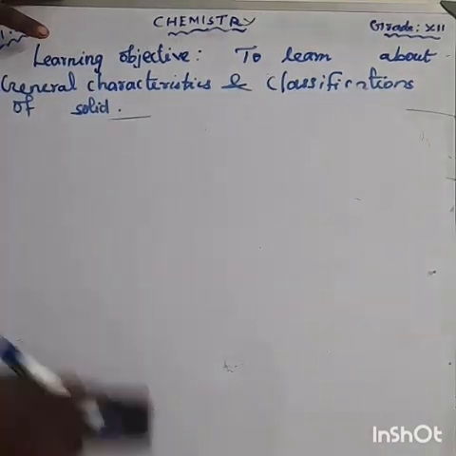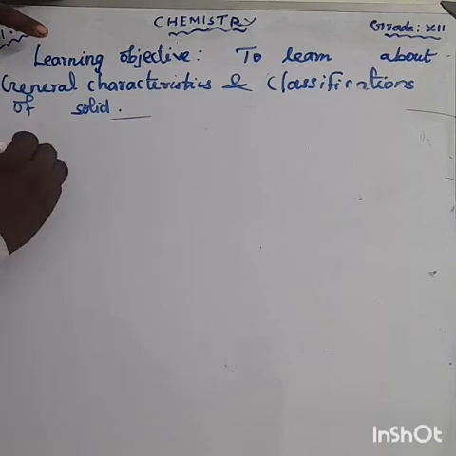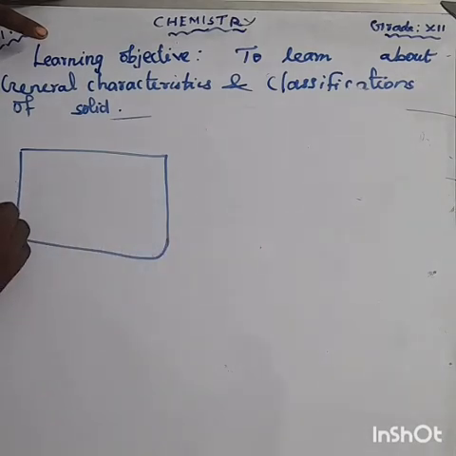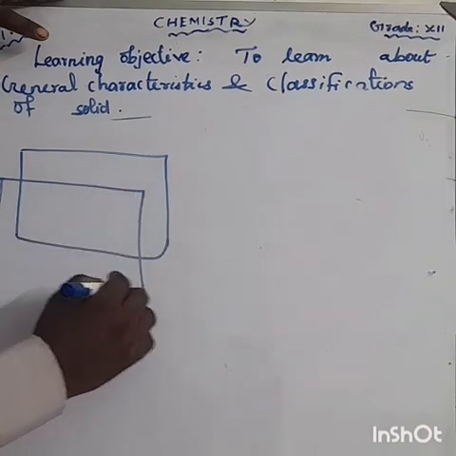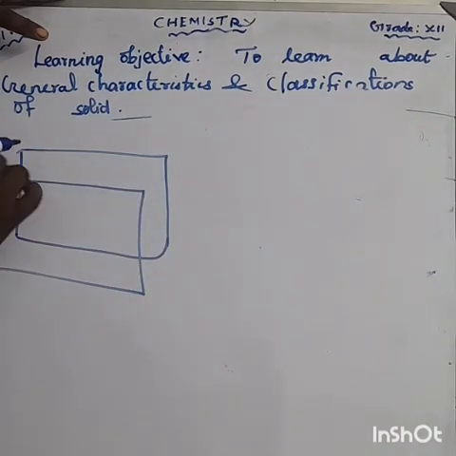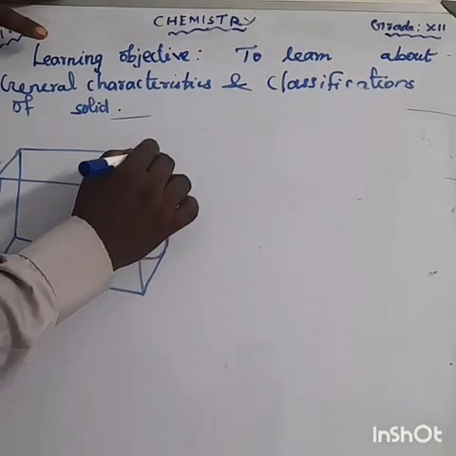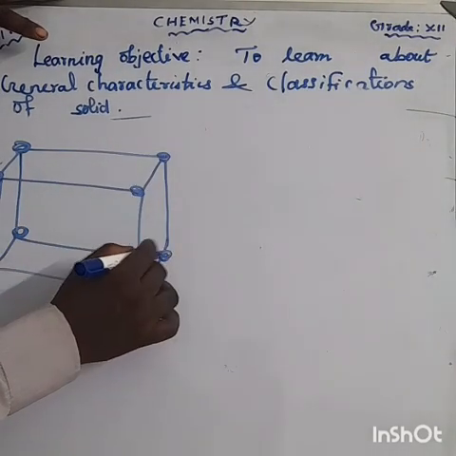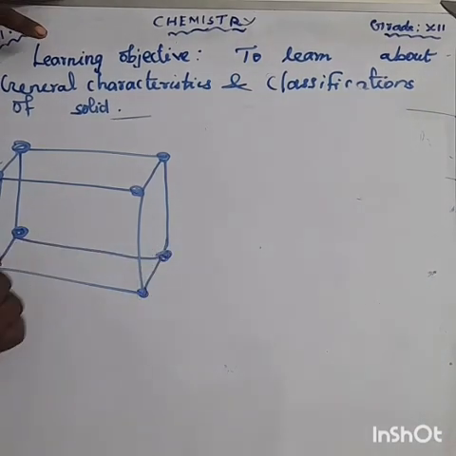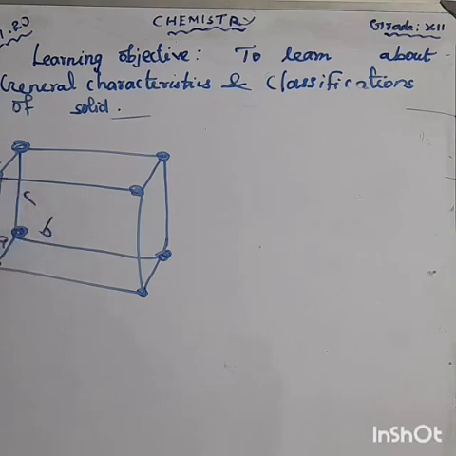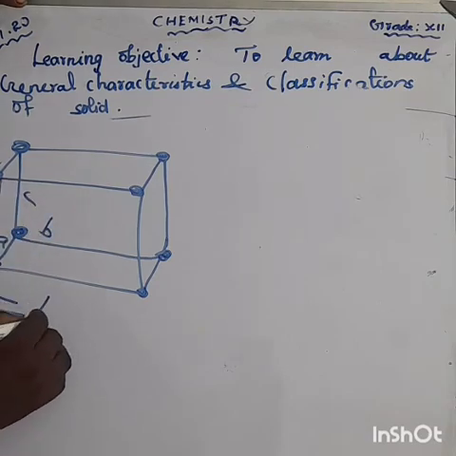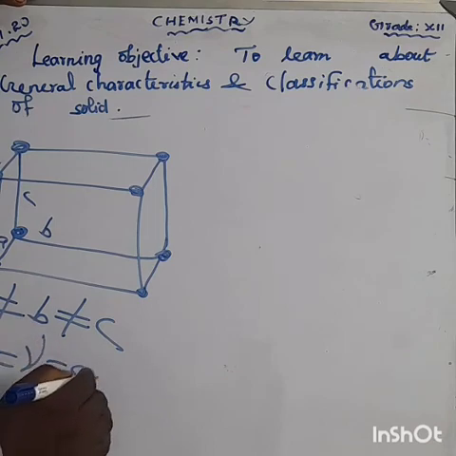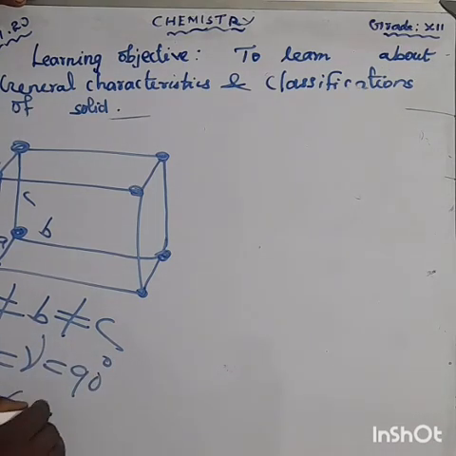Next is monoclinic. A is not equal to B, B is not equal to C. Here alpha is equal to gamma, which is equal to 90 degrees, and beta is not 90 degrees.